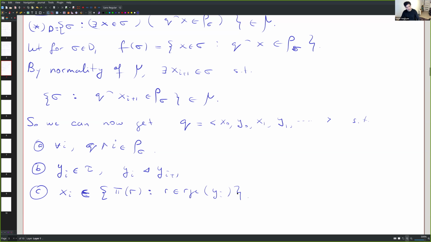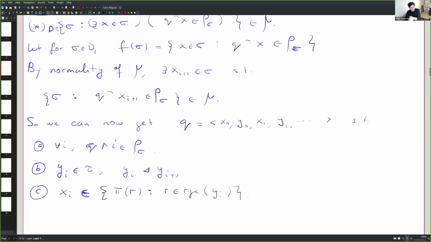So why is this? Well, tau itself is a strategy, right? So you start out, you play the first move, so it's stage 0. Player 1 plays the point such that it belongs to measure 1 many. It's the first move according to measure 1 many rho sigmas, right?